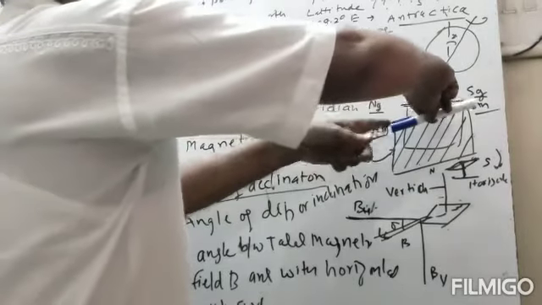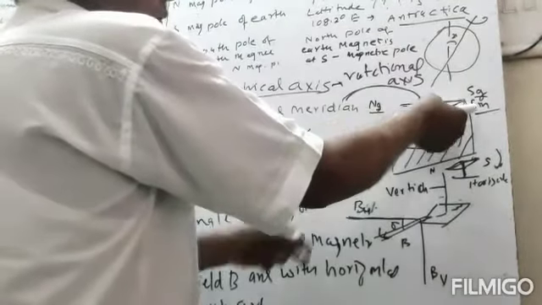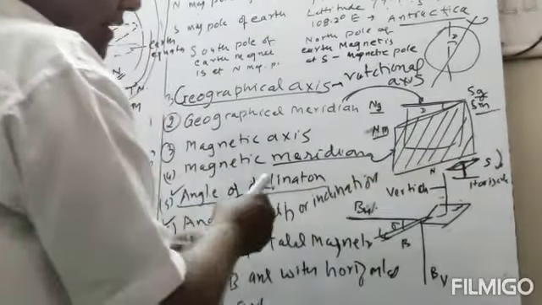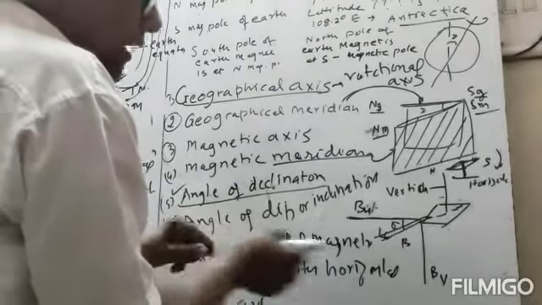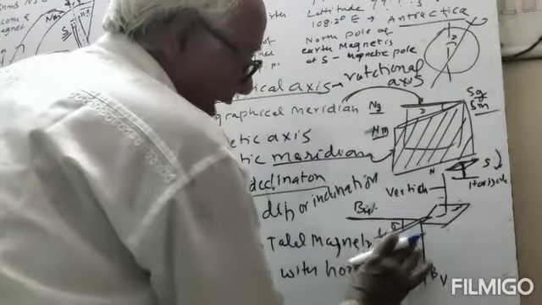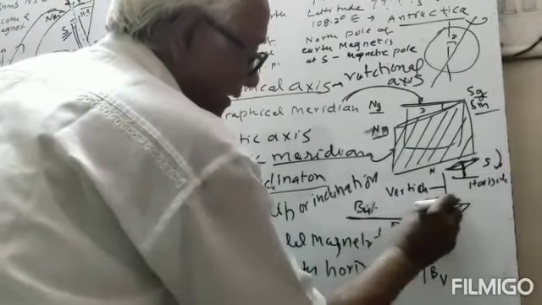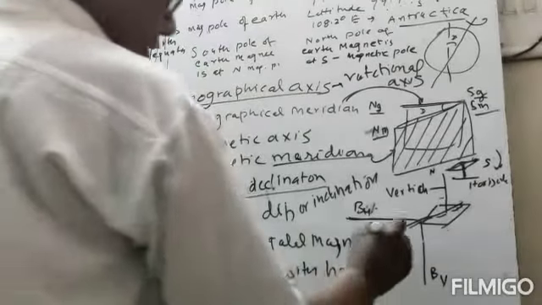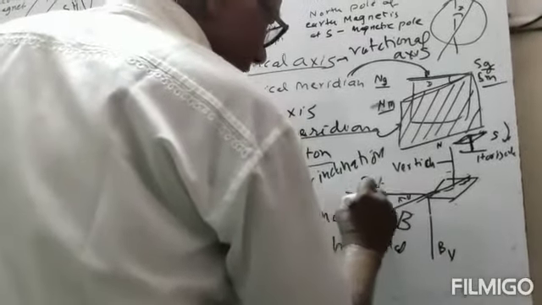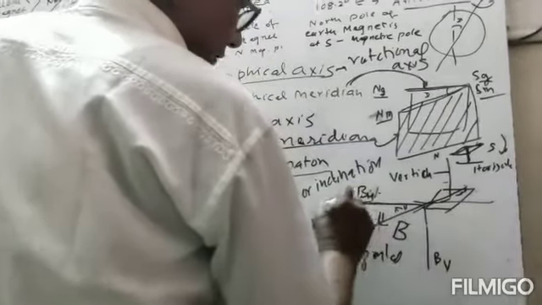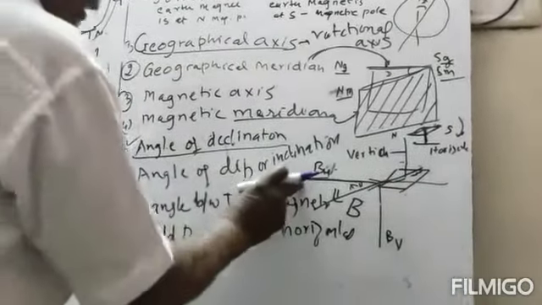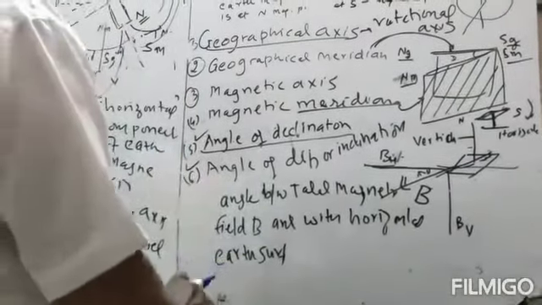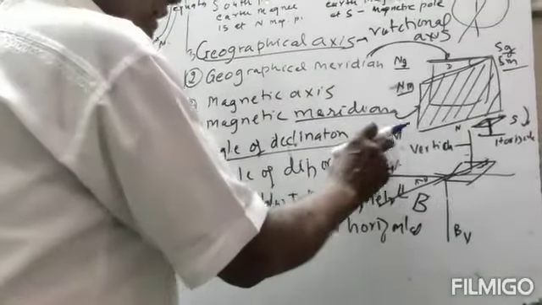But if we rotate it like this, then it will give you the total direction, and this direction will be the direction of the magnetic field. Now this angle with the horizontal plane of the earth and the direction of the magnetic field is known as the angle of dip or angle of inclination.